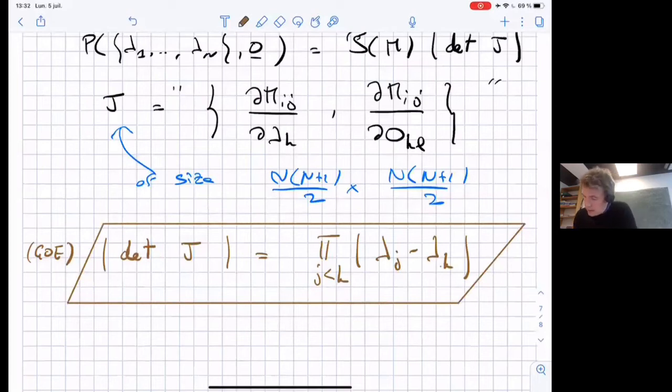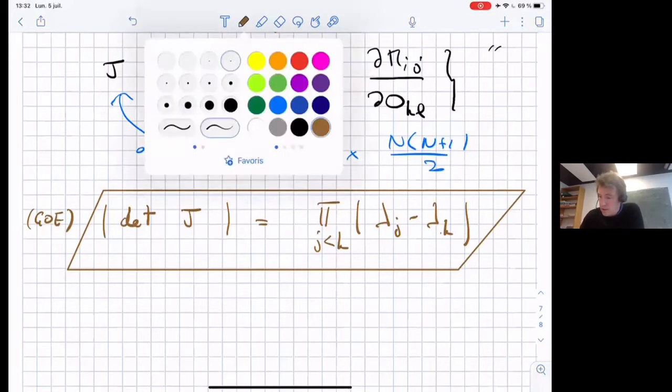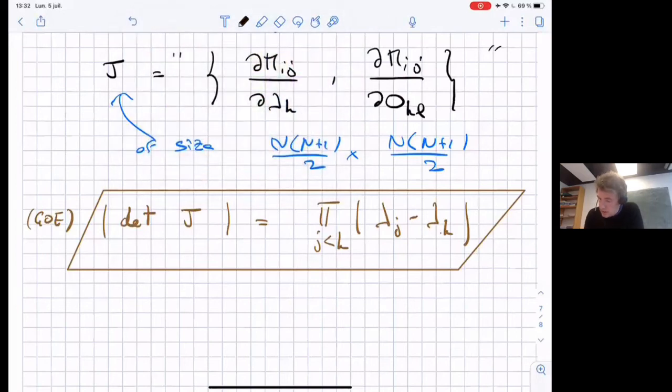This is a beautiful result. It is remarkably simple, and it is also independent of O, so the matrix elements O_kl do not enter into this.